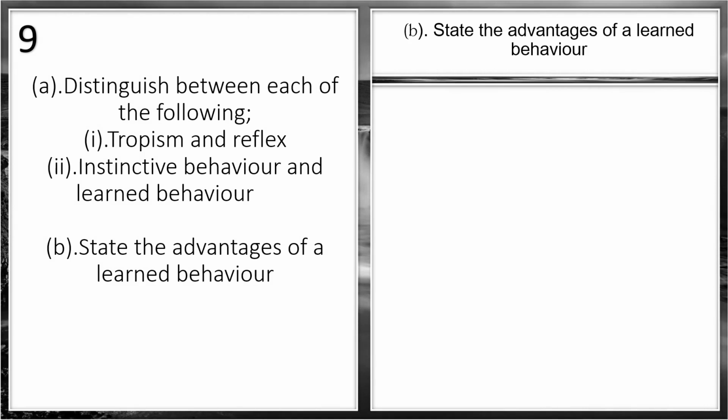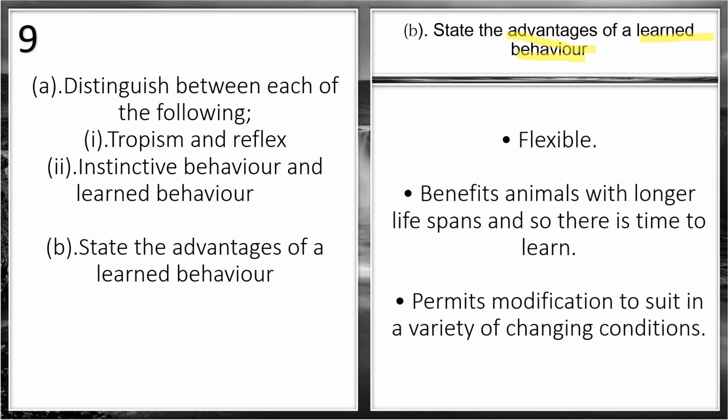Part B. State the advantages of learned behavior. 1. Flexible. It benefits animals with longer lifespans, so there is time to learn. It permits modification to suit a variety of changing conditions.